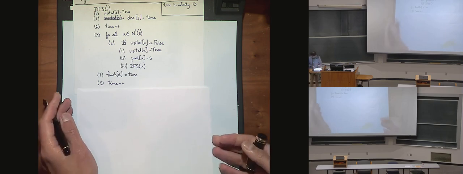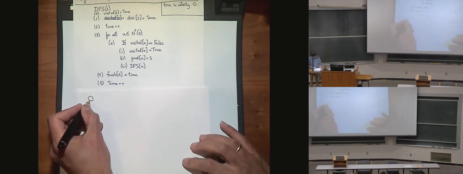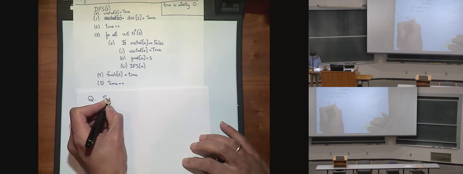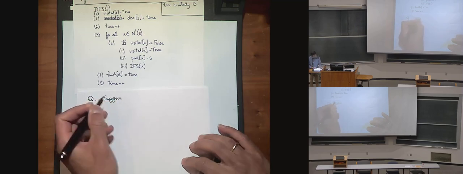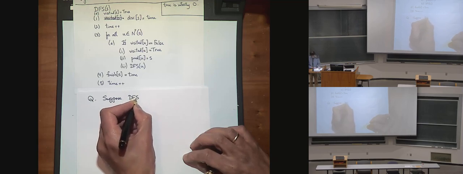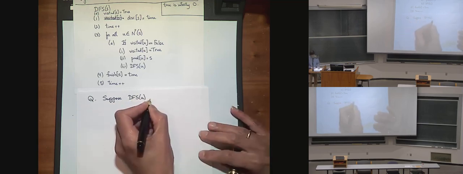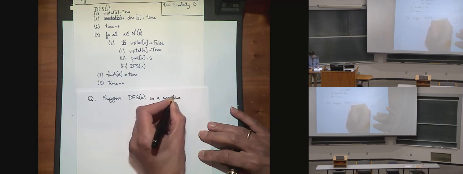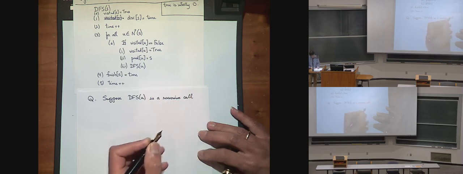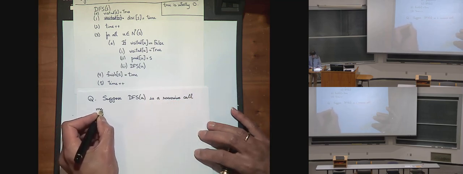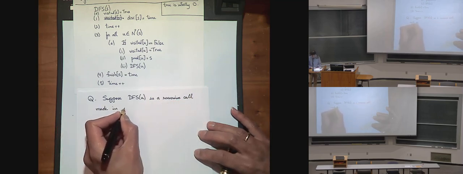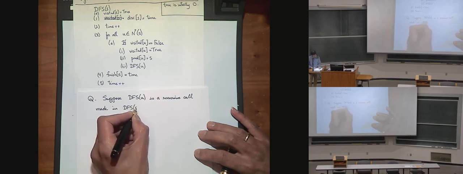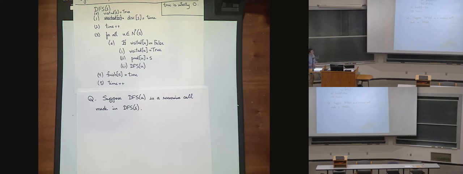So the first question: suppose DFS-U is a recursive call made in DFS of S. So it's making a bunch of recursive calls.